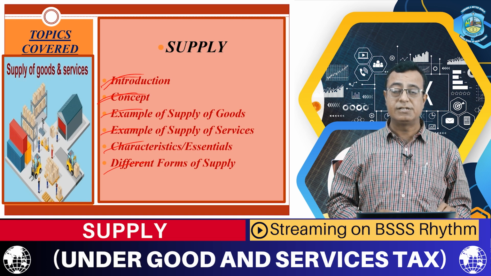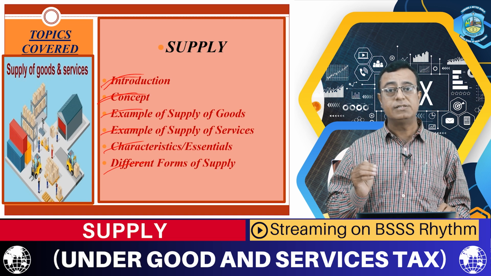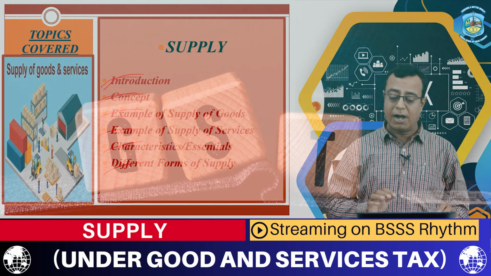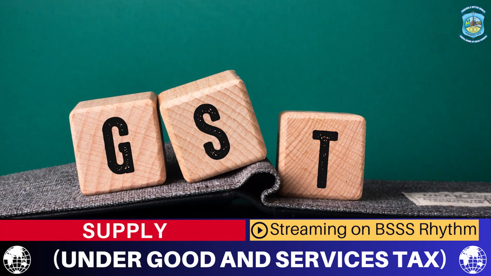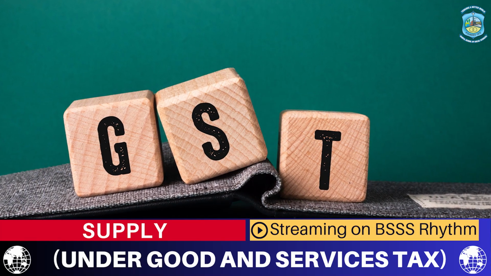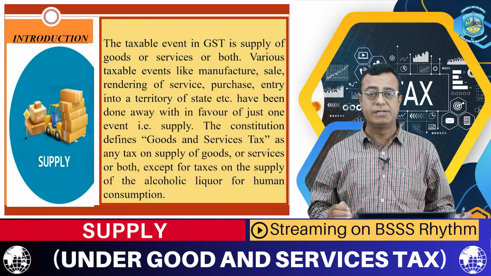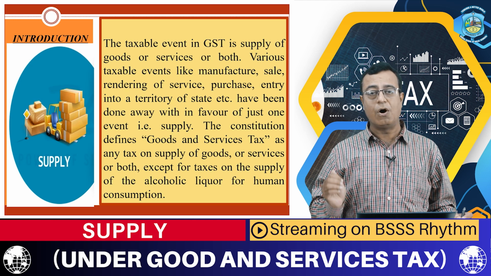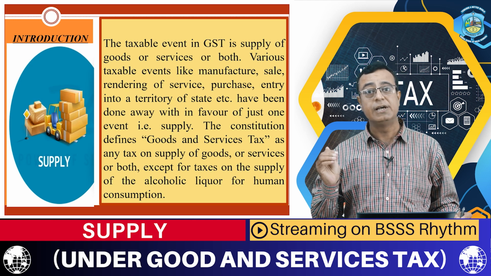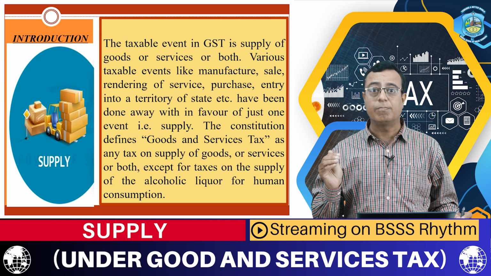First, we will understand what is the supply, what is the need of the term supply under GST. The taxable event under GST law is supply, means GST is chargeable on the goods and services supplied by a particular person.